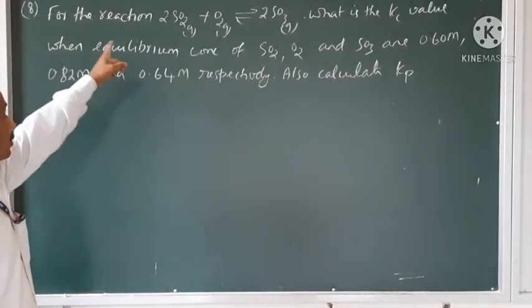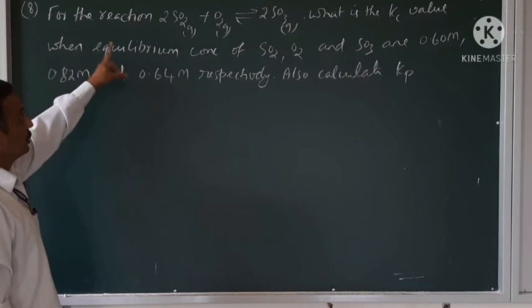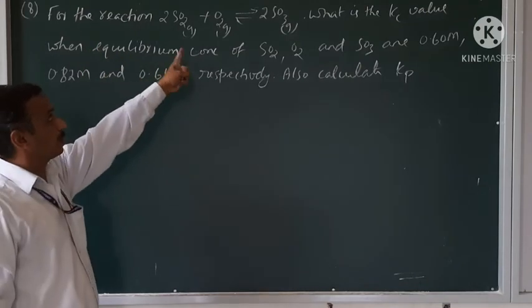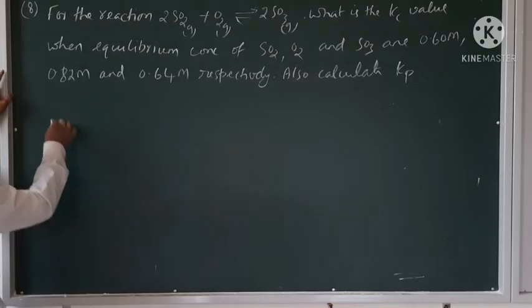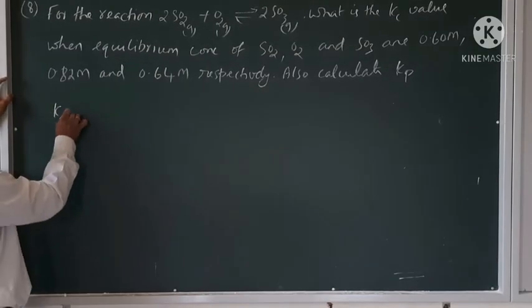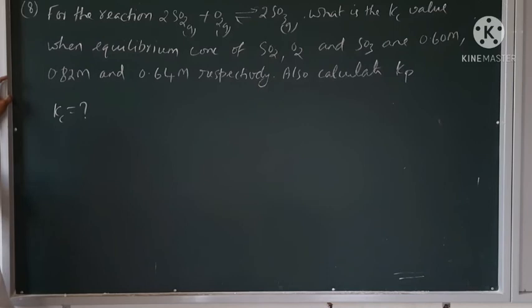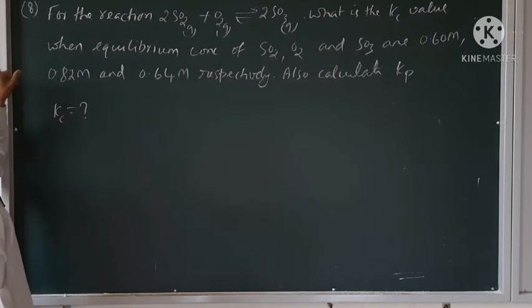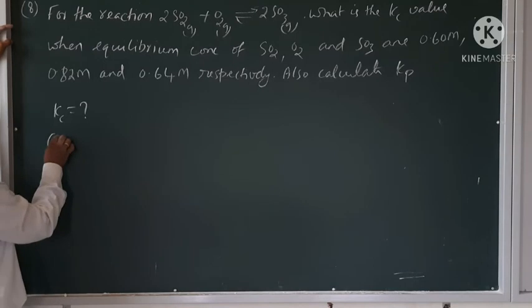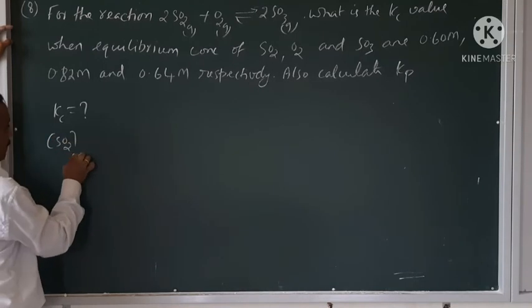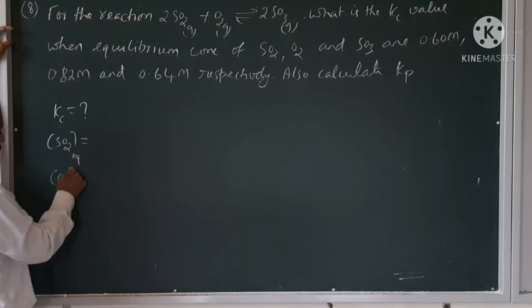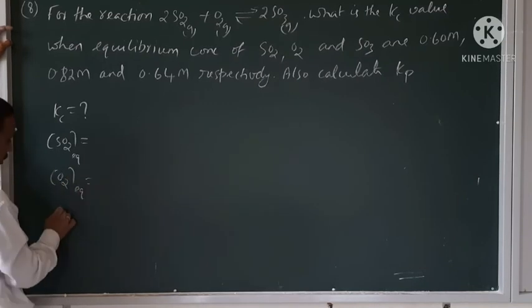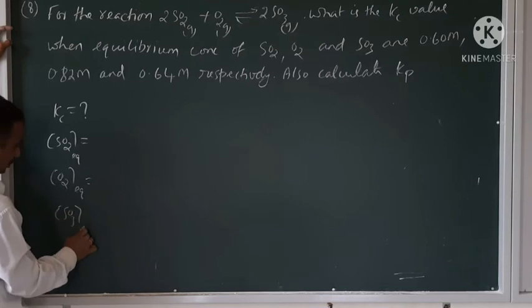Now see the next problem. For the reaction 2SO2 plus O2 giving 2SO3, which is at equilibrium, what is the value of Kc? So Kc you have to calculate when the equilibrium concentrations of SO2, O2 and SO3 are given.